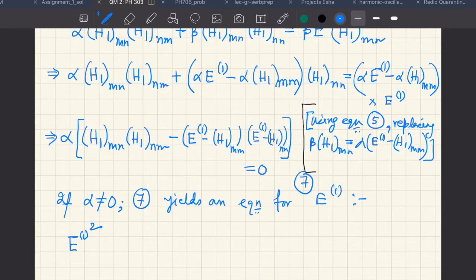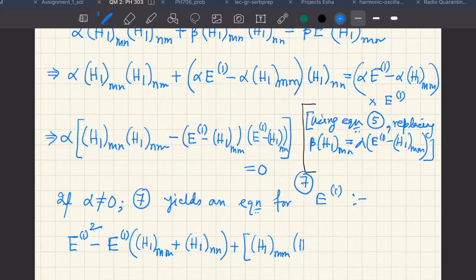This is going to give us E1 squared minus E1 times H1 mm plus H1 nn, plus H1 mm H1 nn minus the cross terms H1 mn and H1 nm, is equal to 0.